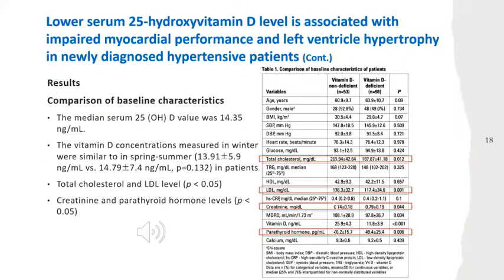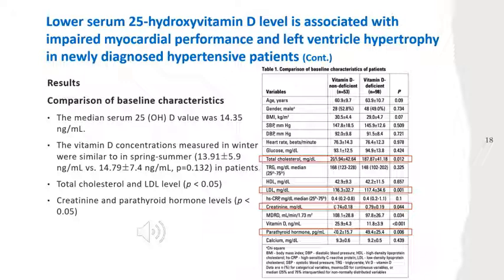The results showed that the median serum 25-hydroxy vitamin D value was 14.35 nanogram per milliliter. The vitamin D concentrations measured in winter were similar to those in spring-summer in patients.